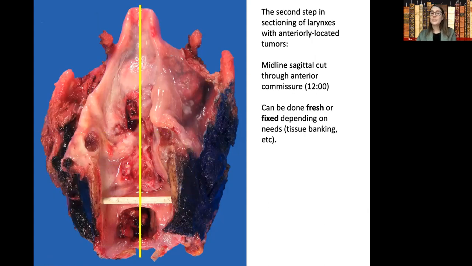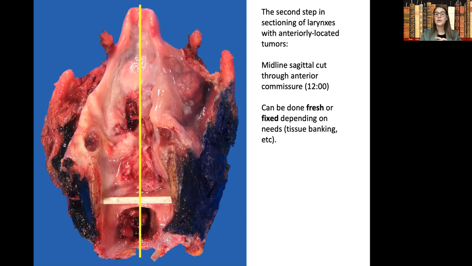All right, the second step in our sectioning of larynxes with tumors that are anteriorly located, which is most of them, as I said before, is our midline sagittal cut through the anterior commissure at 12 o'clock, or approximating where the anterior commissure is, if, as in this case, it's quite effaced.